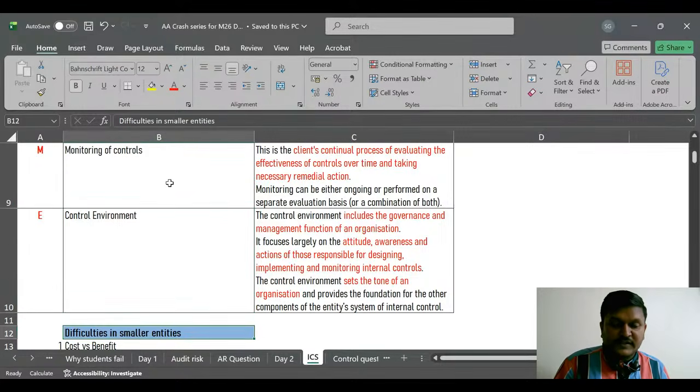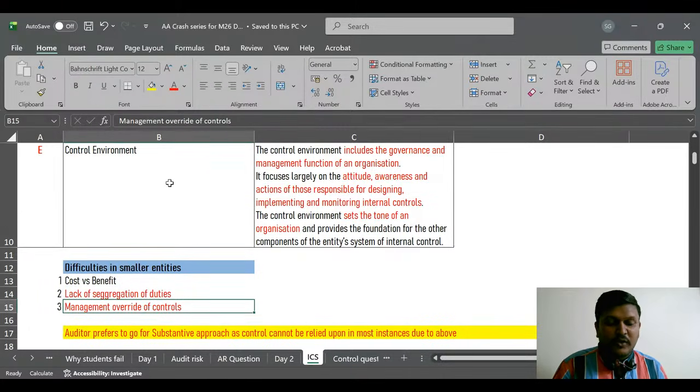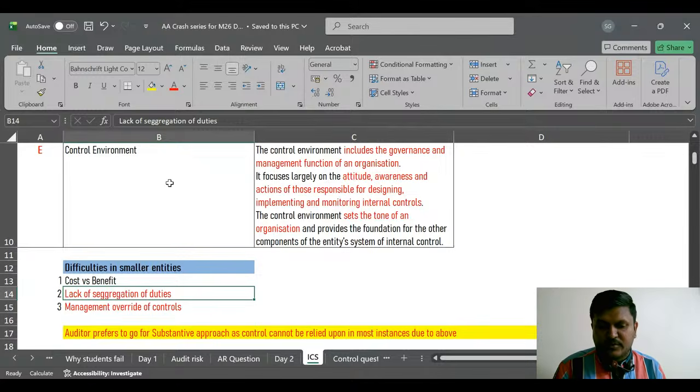And there are also the difficulties that would be faced by a smaller entity, especially the 2 things we'll be looking at over here. In complex or bigger entities it's not a problem, but in a smaller entity there is a lack of segregation of duties, as we will not have that many people working. So applying the segregation of duties concept will be a little difficult there.